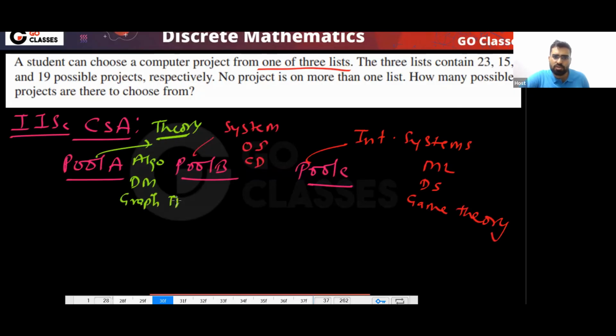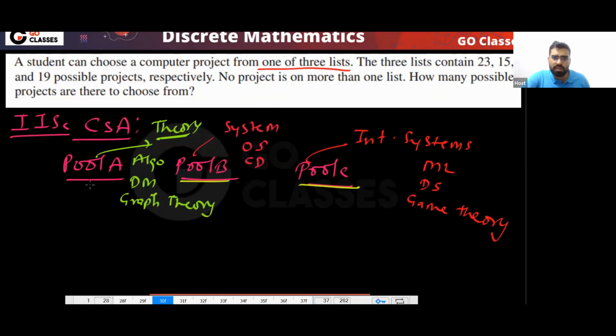So in IISc, every course is divided into three pools. And if you want to do your MTech project, then you can do it from exactly one of these pools.